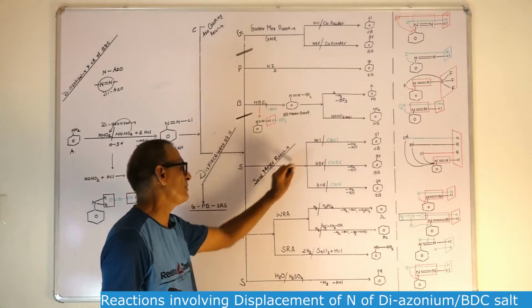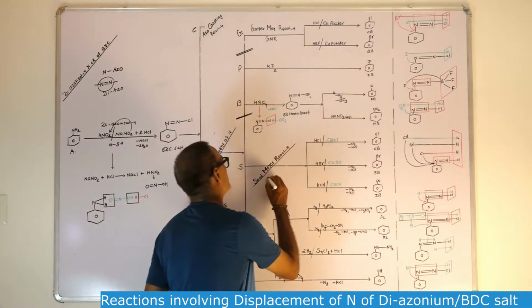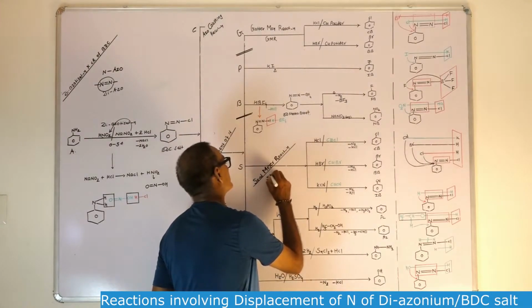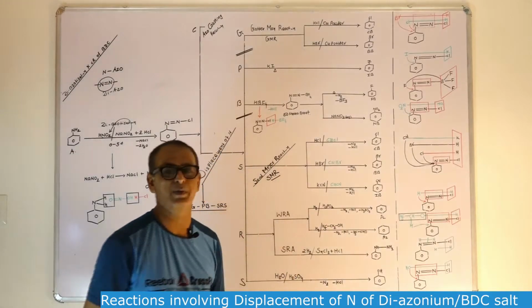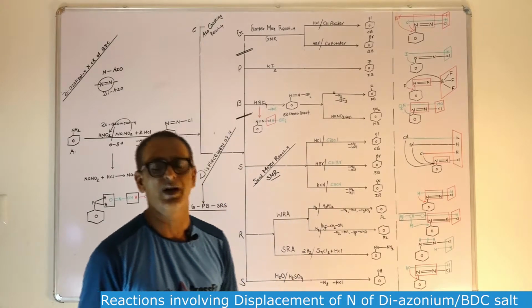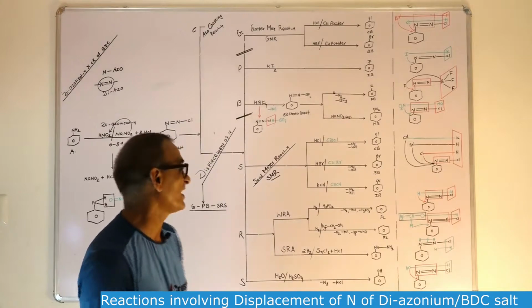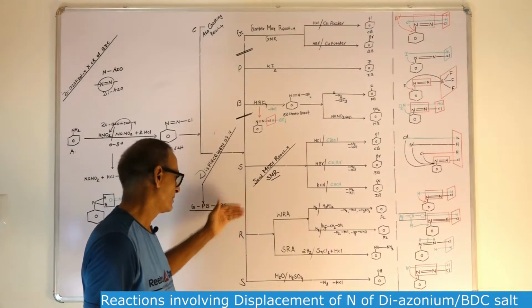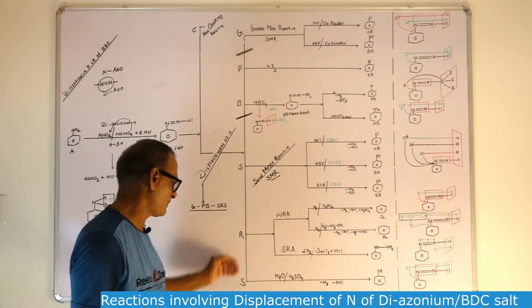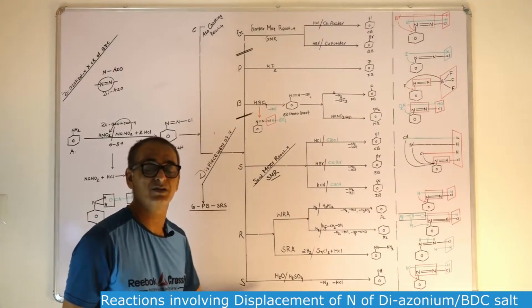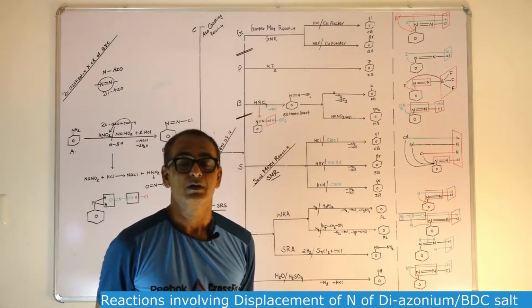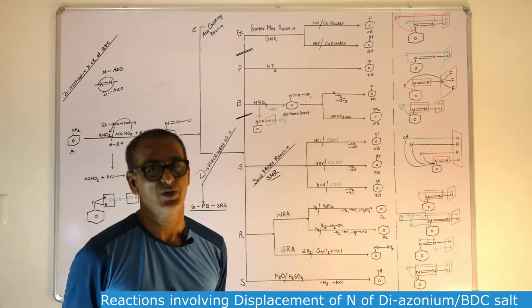Fourth one is Sandmeyer reaction, also known as SMR. This is a very important reaction. A short note may be given to you: write a short note on Sandmeyer reaction. Then reduction reaction. Finally, reaction with water in presence of sulfuric acid.